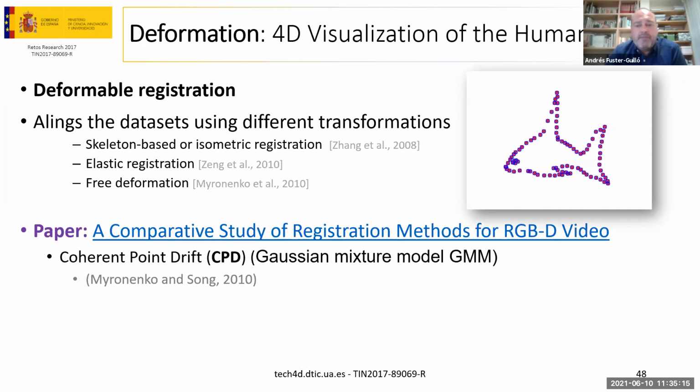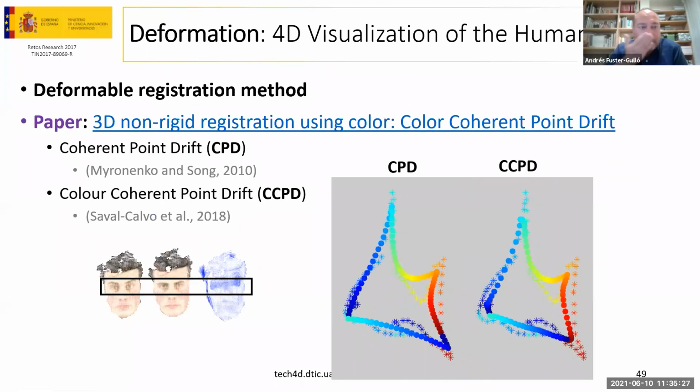In the case of deformable registration, one of the most popular methods is CPD, based on Gaussian mixture models, developed by Myronenko. In our paper, 3D non-rigid registration using color coherent point drift, we propose a modified version of CPD to incorporate color information.